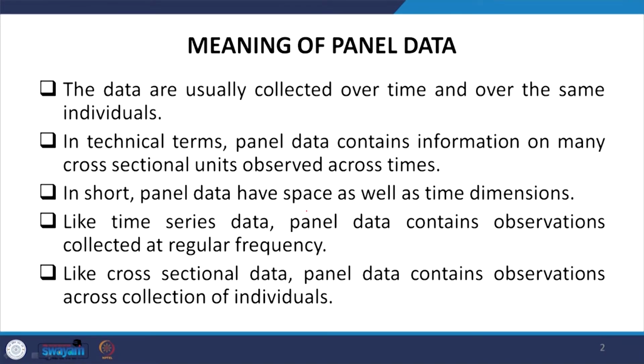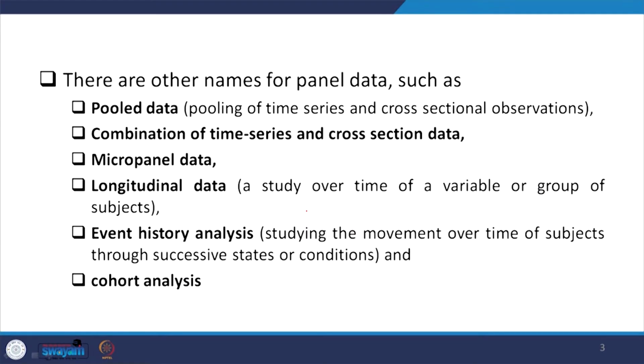By space we mean the cross sectional aspects as well as over time. Like time series data, panel data contains observations collected at regular frequency or regular timing. Like cross sectional data, panel data contains observations across a collection of individuals as well. So, it is an overlapping of cross sectional and time series.